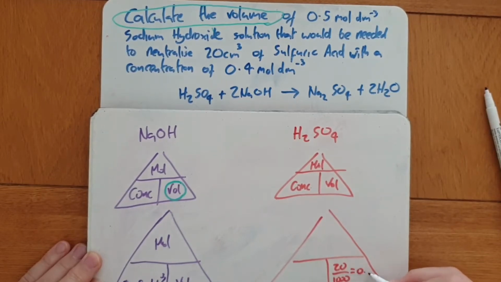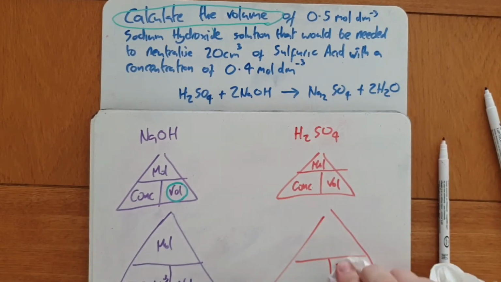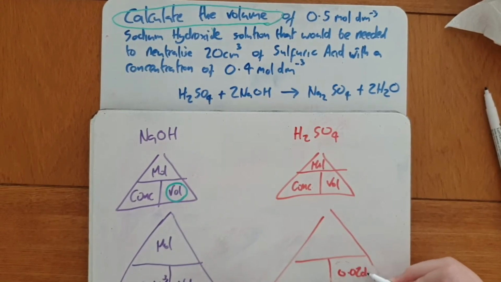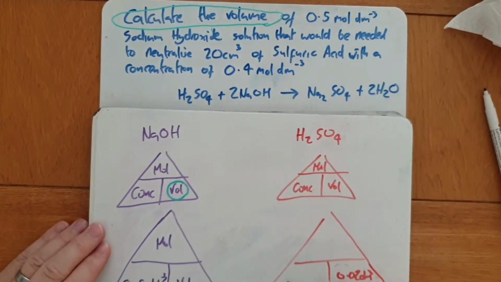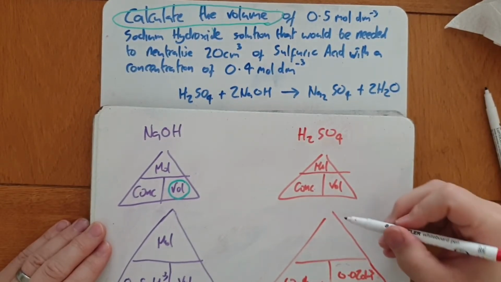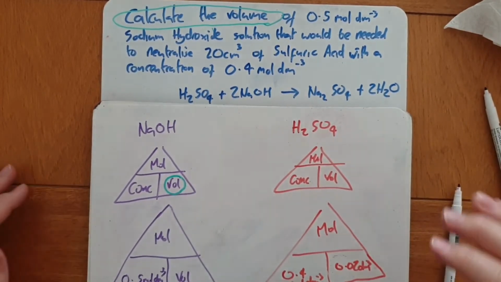So that is 0.02 decimeters cubed. And we know the concentration of sulfuric acid is 0.4 moles per decimeter cubed. We don't know the moles. So that's all we know at the moment.